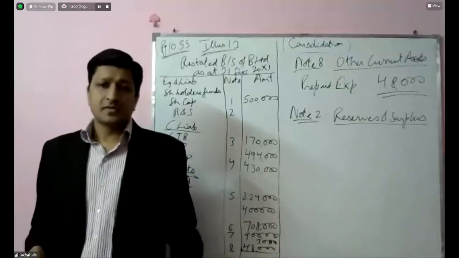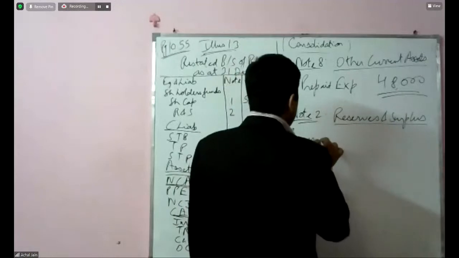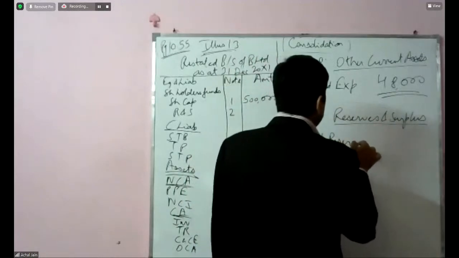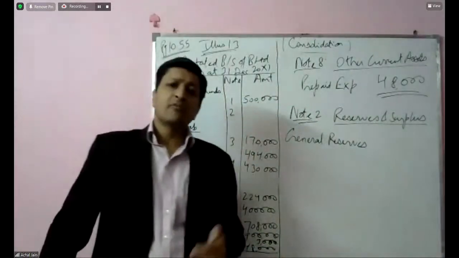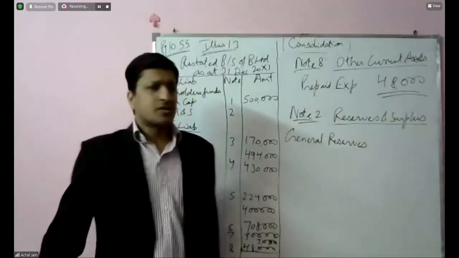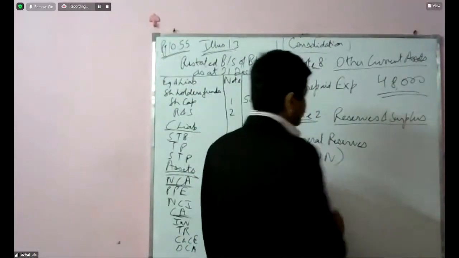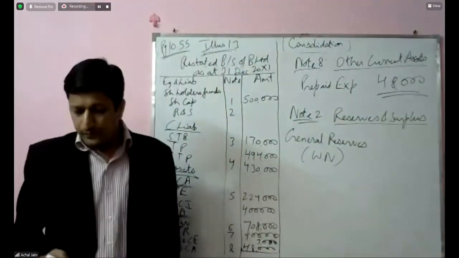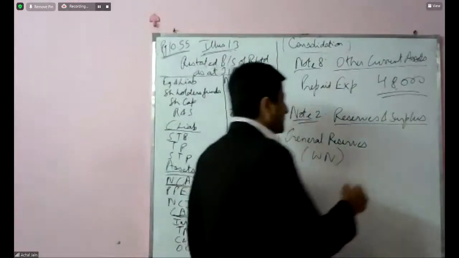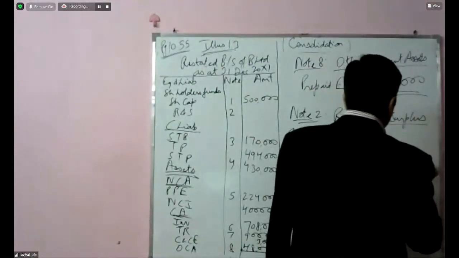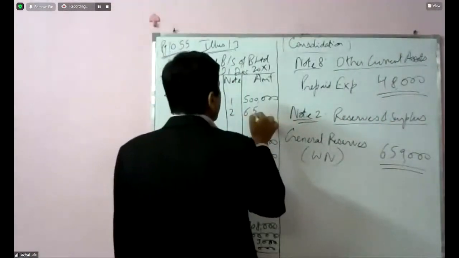It is general reserves in the notes to accounts which have been shown. So we'll also say general reserves. And we don't need to give the further information because we have already prepared a working note for this. We can give the working note reference. As per the working note, this amount should be 6,59,000. We'll take this over here.